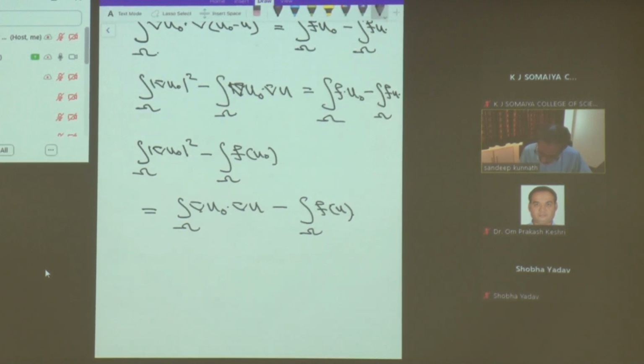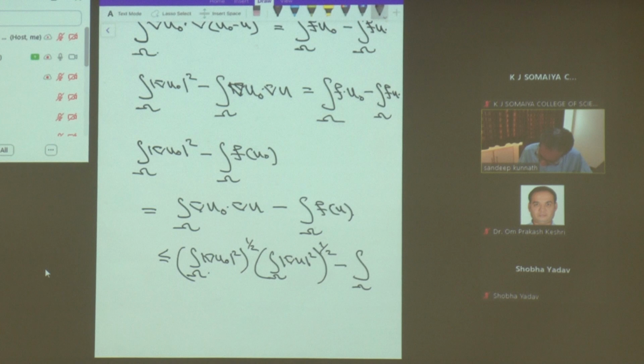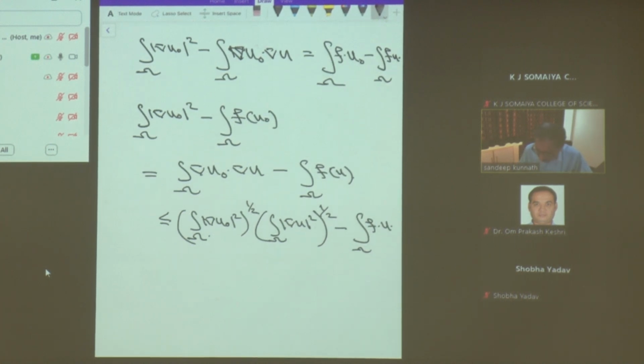So what I do is that I will use the Cauchy-Schwarz inequality. Okay. So then you will get that this is less than or equal to integral over omega of modulus of gradient of u naught squared to the power 1 by 2 into integral over omega of modulus of gradient of u squared to the power 1 by 2, minus integral over omega of f into u. Now you know that ab is less than or equal to (a squared plus b squared) by 2.